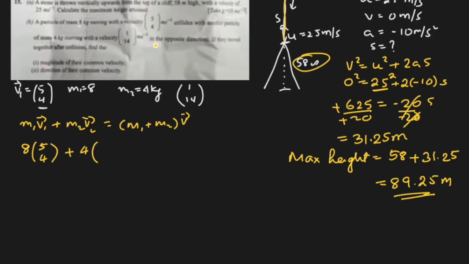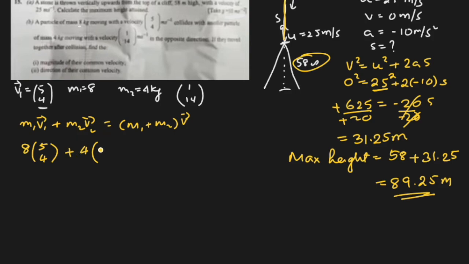All right. Let's use conservation of momentum in this case, which is m1 v1 plus m2 v2 equal to the combined mass times the final velocity, since they are the same body after collision. So m1 is 8, velocity v1 is 5i + 4j, plus m2 is 4, but they're saying it is in the opposite direction. So we will write negative inside, not mass, since mass cannot be negative.